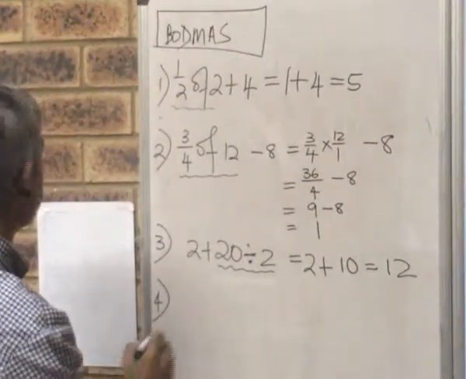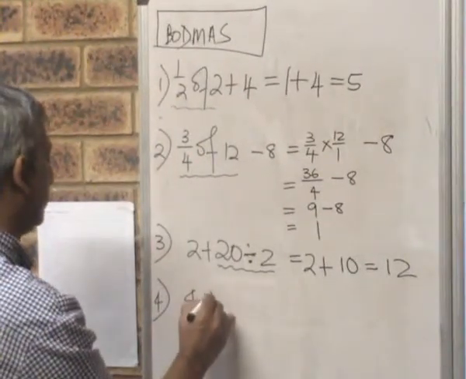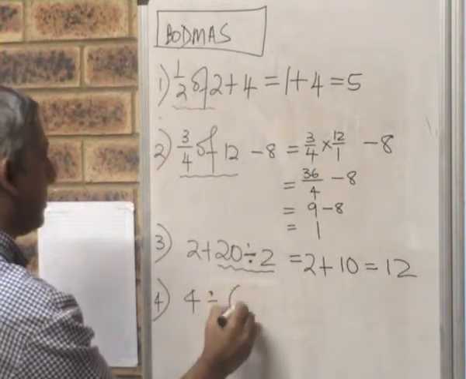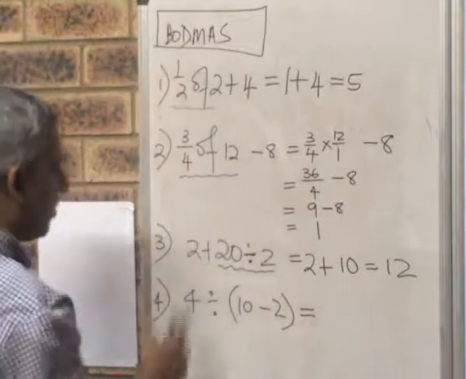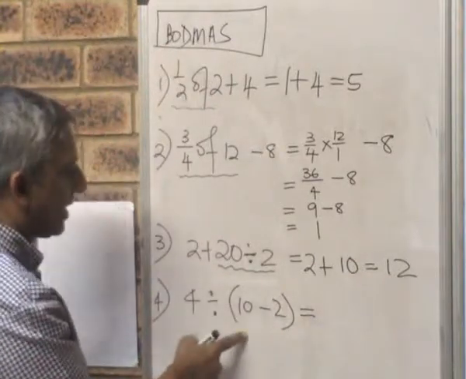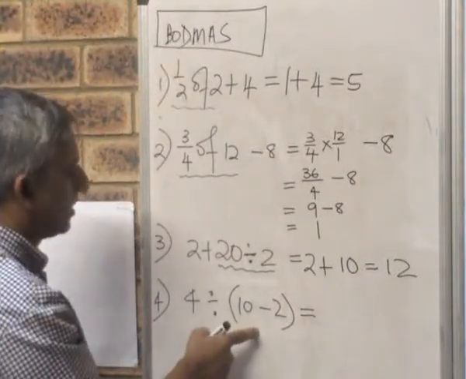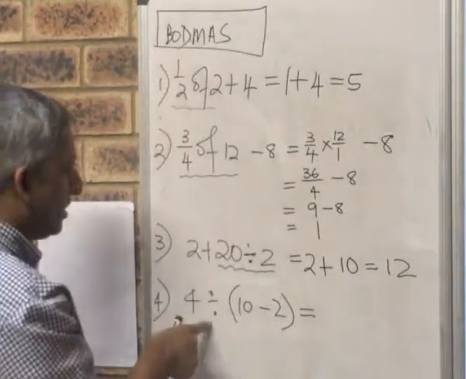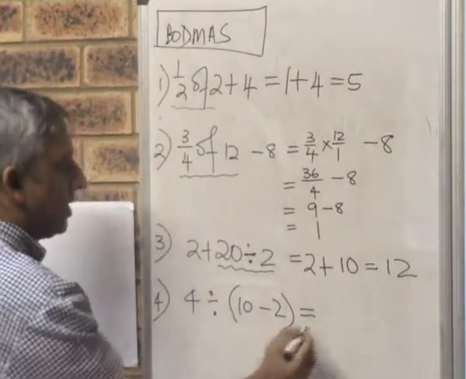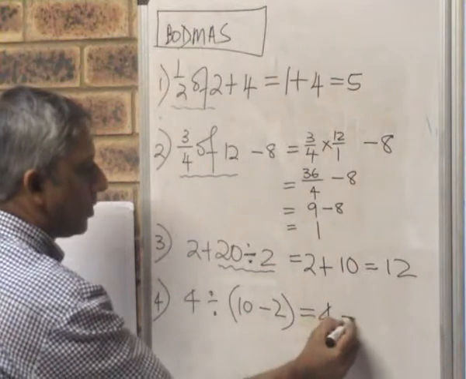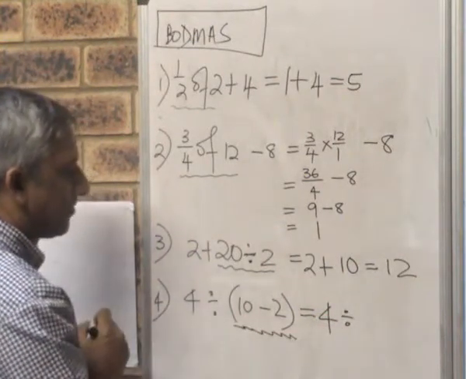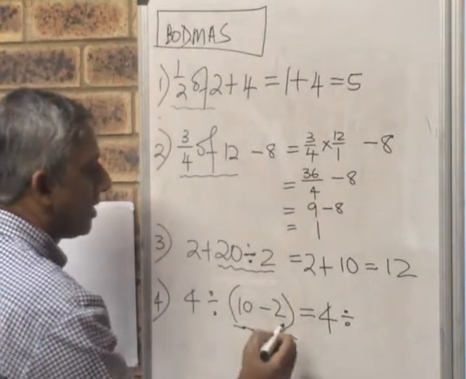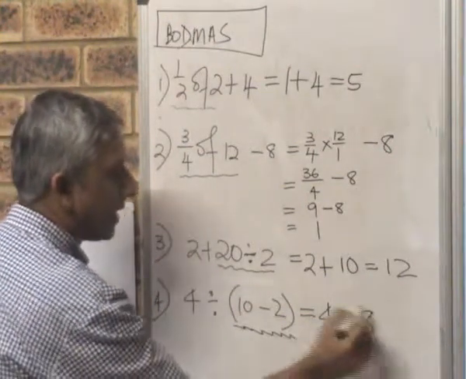Number 4. 4 divided by (10 minus 2). Apply the rule of BODMAS. So there is a bracket. I must do the bracket first. Then there is a division. I'll do the division next. So I'm just going to rewrite 4 and divide it here first, like that. But I'm going to do the bracket first. So 10 minus 2 is 8.